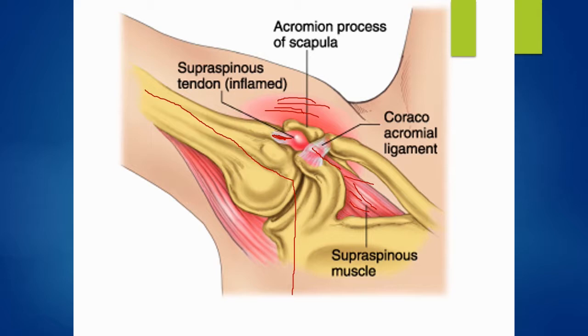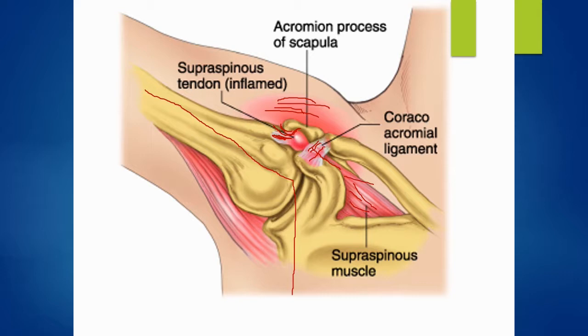In addition to tensile loading, we're going to see compressive loading as this supraspinatus passes underneath the acromial process and underneath the coracoacromial ligament here as that arm goes into greater and greater degrees of flexion and greater degrees of shoulder abduction.